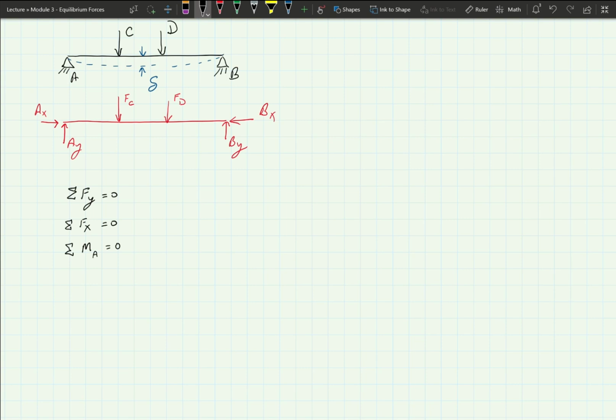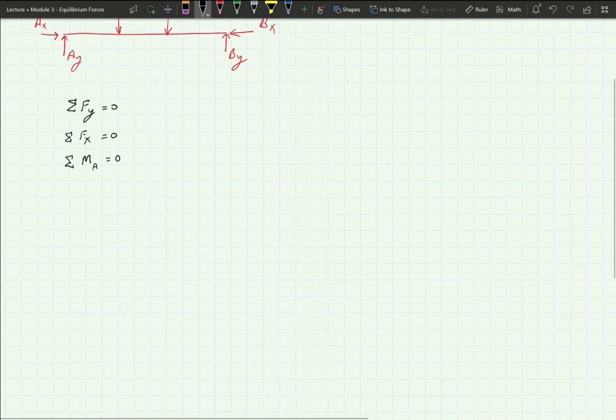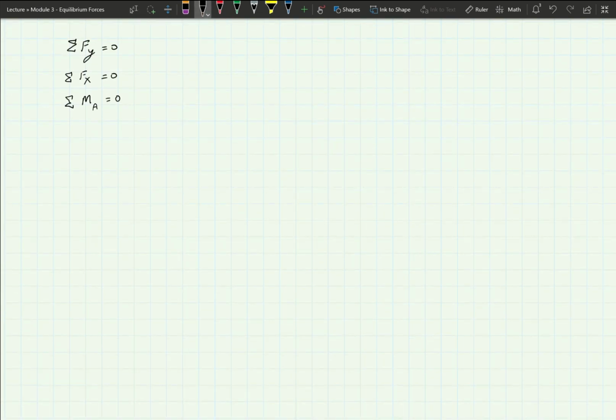Okay, so let's say now, take this free body diagram and we pin it at both ends. Okay, but now our forces are coming in at some odd angle. Force of C, force of D, and we got A, B. Okay, now in order to solve all this, we are going to look like this.